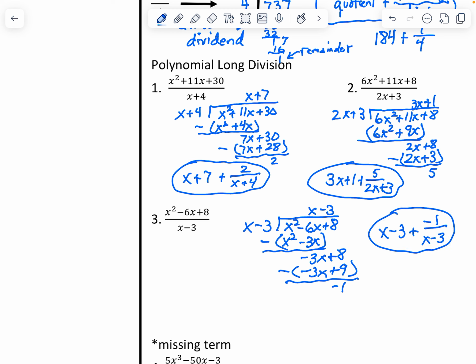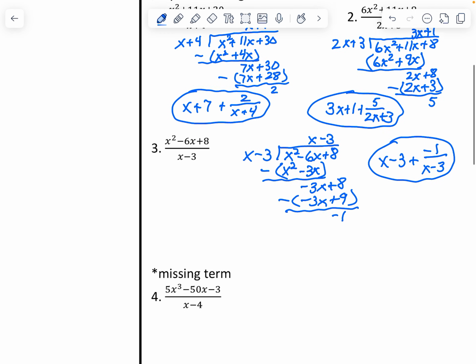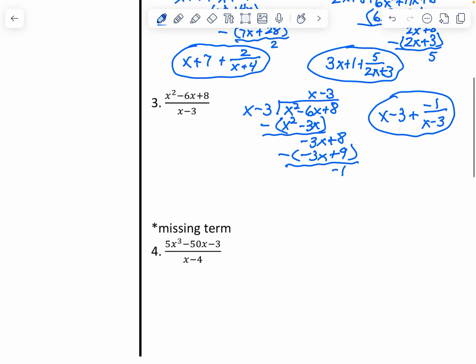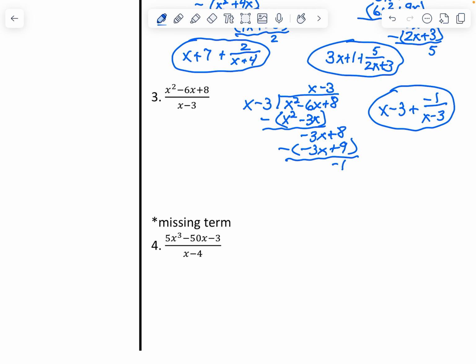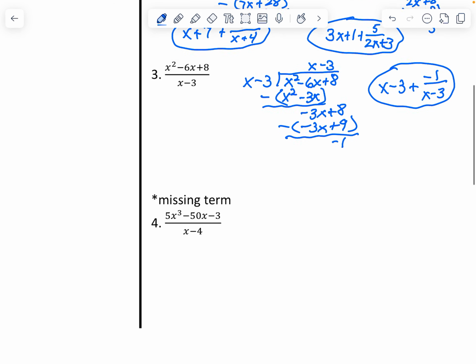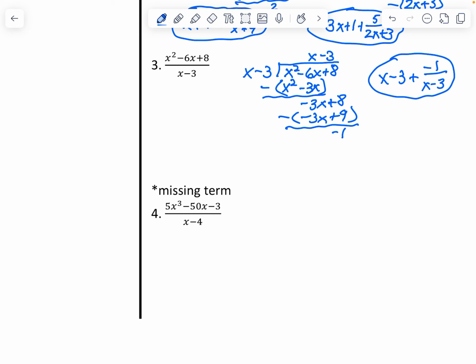Okay, as we keep moving on, we're going to do one that has a missing term, because the ones we've been doing, if you notice, were in standard form, in descending powers order, and no terms were missing. If you look at this one, the dividend is missing an x squared term.